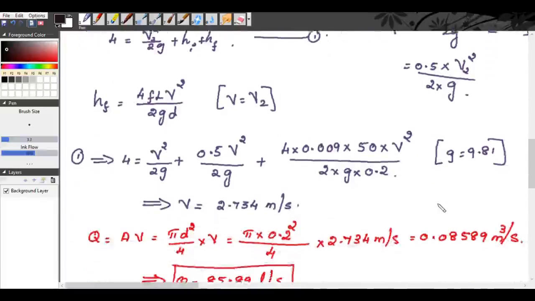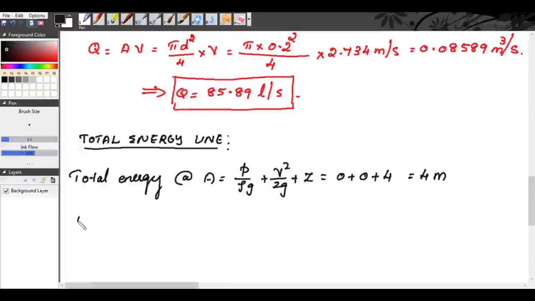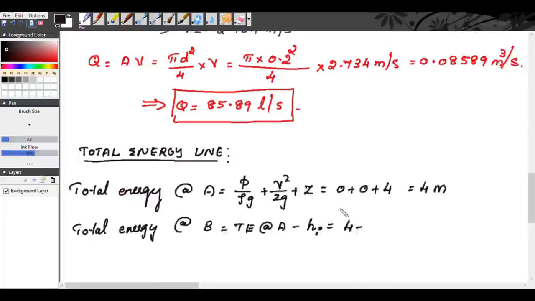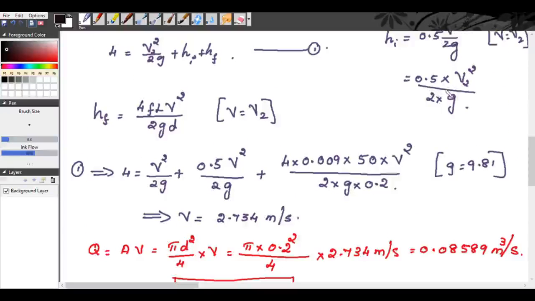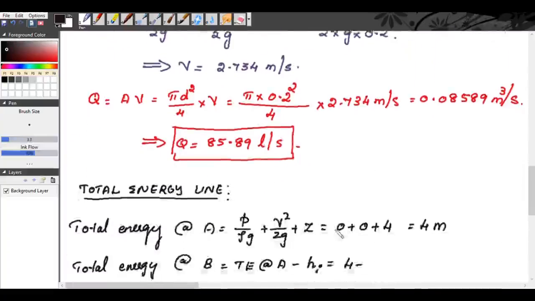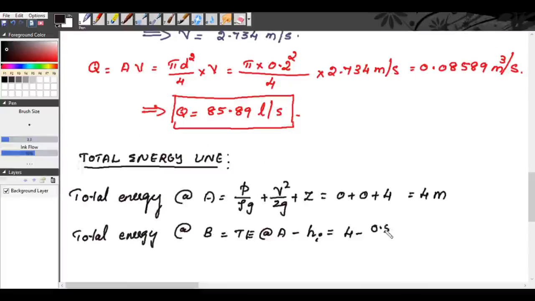So the total energy at B is 4 minus 0.5 V square by 2G.